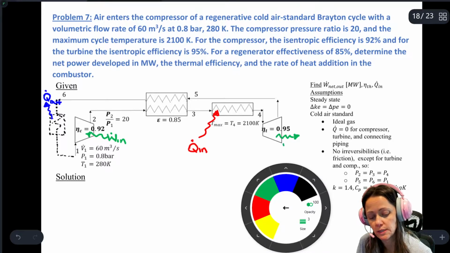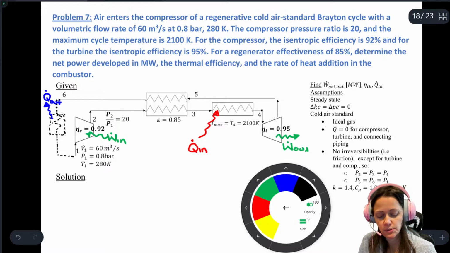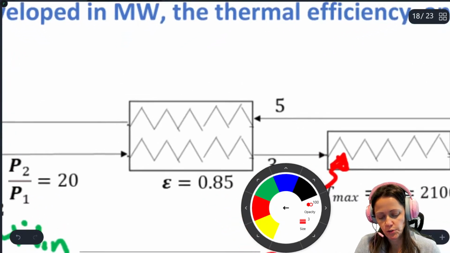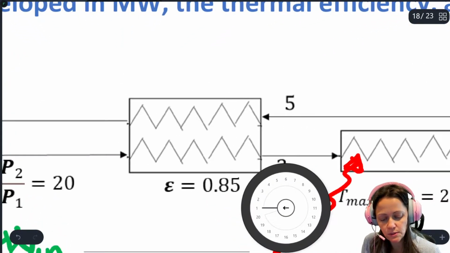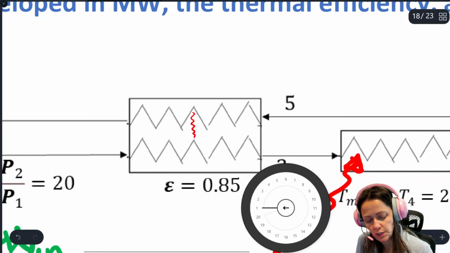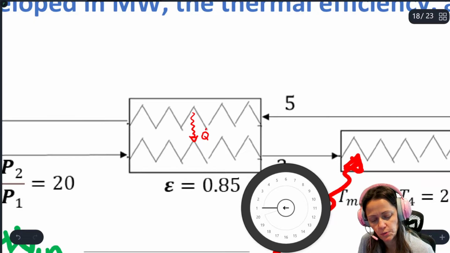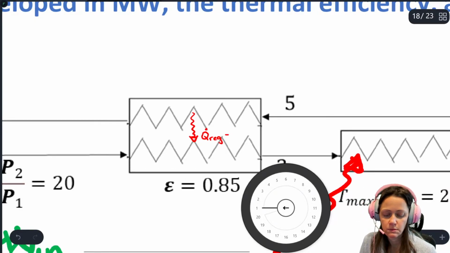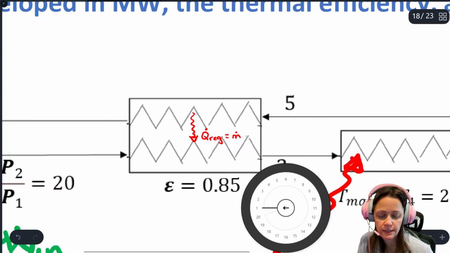I could make a note that if I zoomed in here, there's some heat being transferred from this little squiggly to that little squiggly. I could call that Q dot regen, or it's m dot times the enthalpy change.